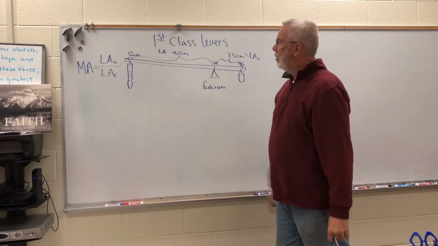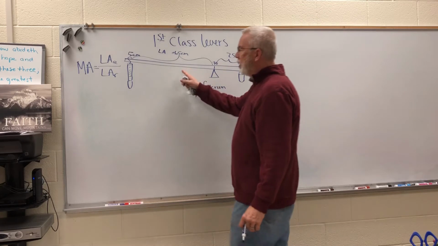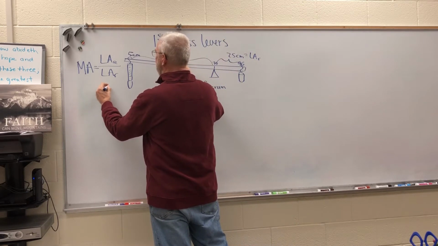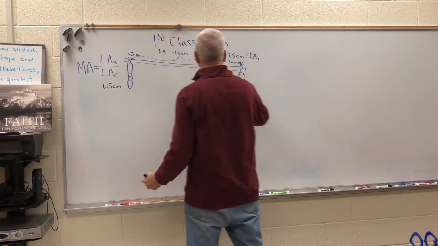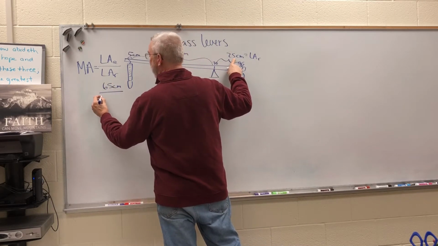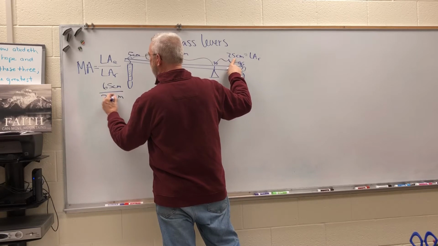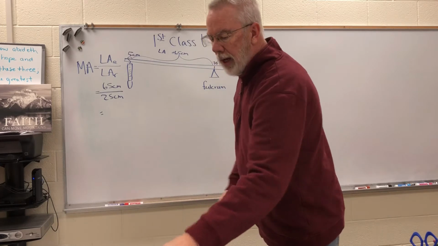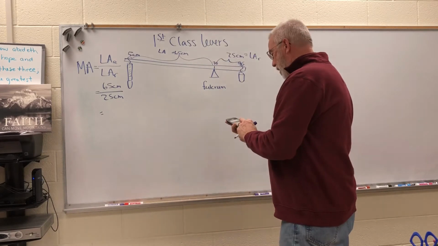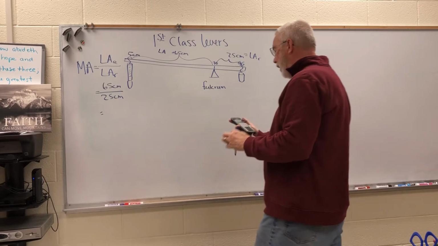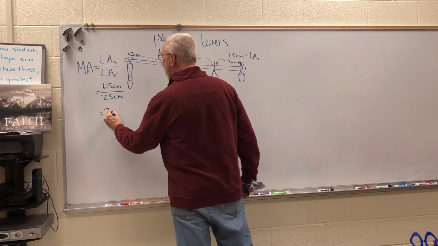So in our mechanical advantage formula, it says that the lever arm for the effort, which is 65 centimeters, divided by the lever arm for the resistance, which is 25 centimeters, will give us the mechanical advantage. And 65 divided by 25 is 2.6.